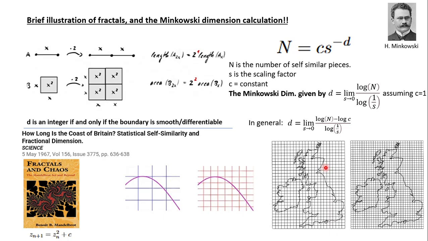I don't intend to call you British. But the crux of the matter is that we divide the grid size into half, with side length half, but it does not necessarily mean that we need double the number of boxes to cover the perimeter of the British Isles.